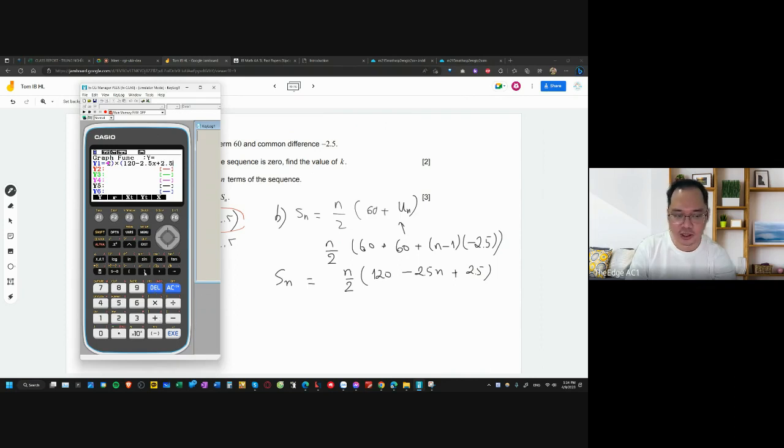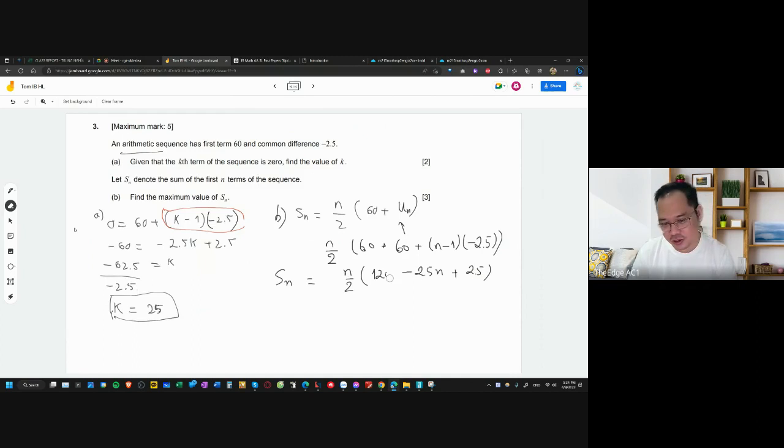Actually, we can simplify that thing. 125 subtract 2.5, plus 2.5. 122.5. Okay, simplify everything also. 122.5, because we add 2.5 here. Okay.